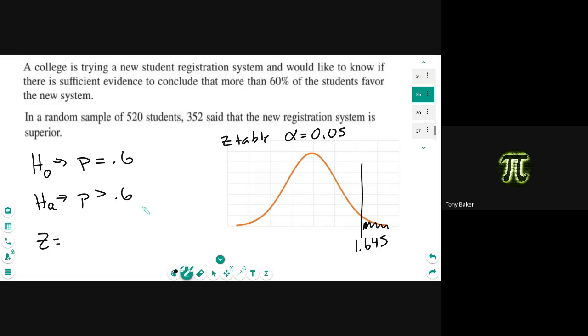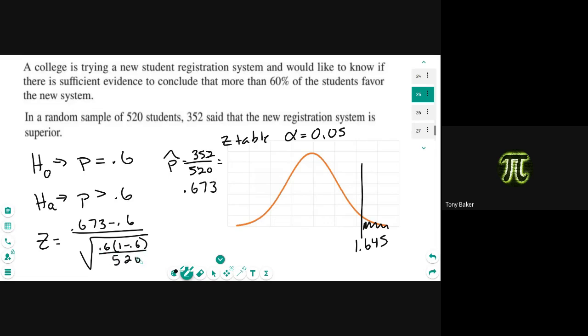So Z equals... I need to find my P hat in this case. It's 352 over 520, which is 0.672? Okay. So I have 0.673 minus 0.6, divided by the square root of 0.6 times 1 minus 0.6, divided by 520.